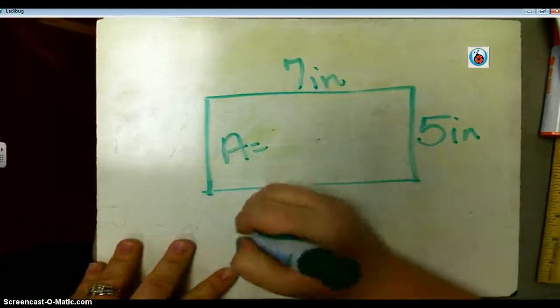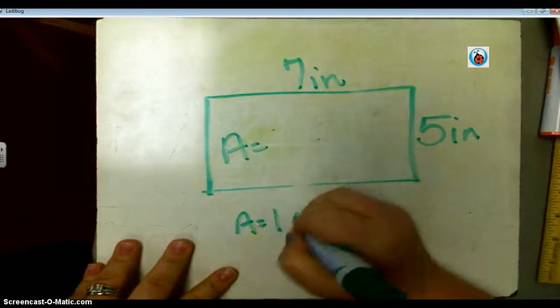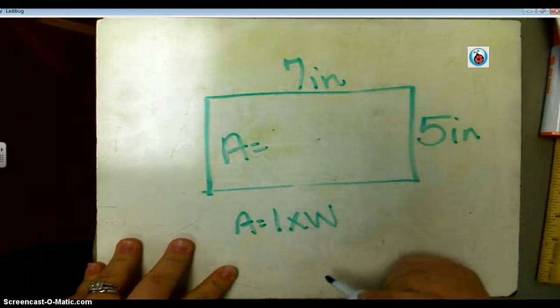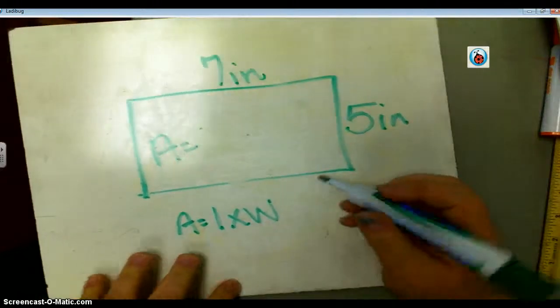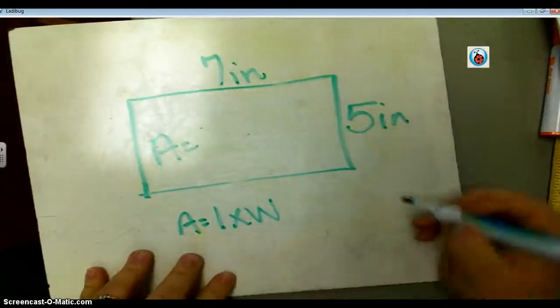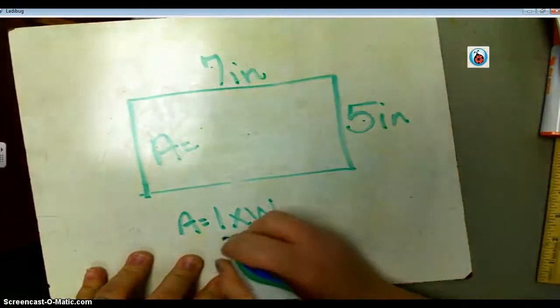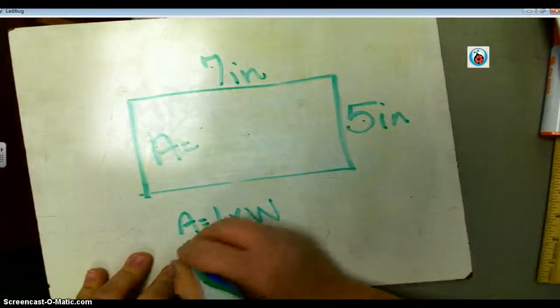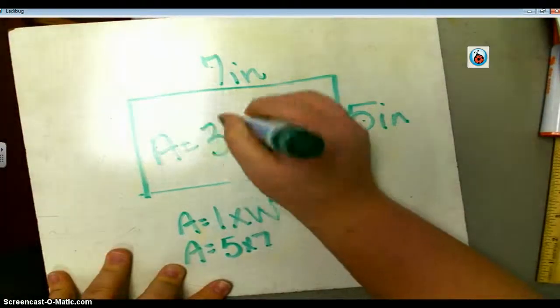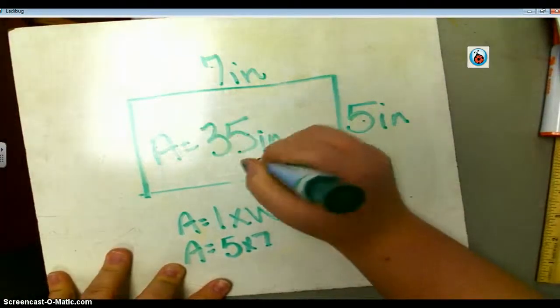Okay? Area equals length times width. Hey, excuse me. We are not talking. A equals length times width. 7 times 5 equals 35. We have to keep our unit measurement of inches.